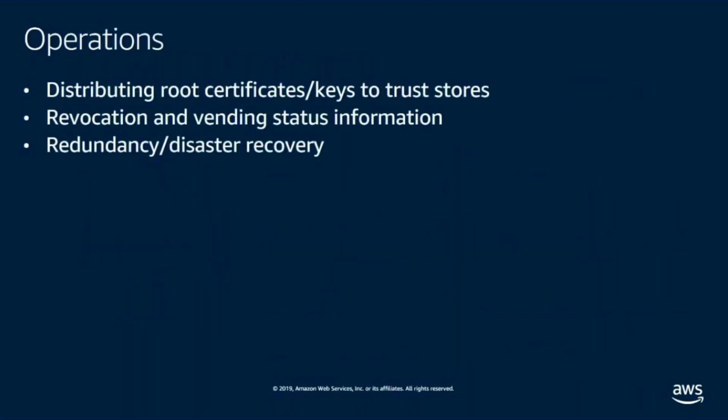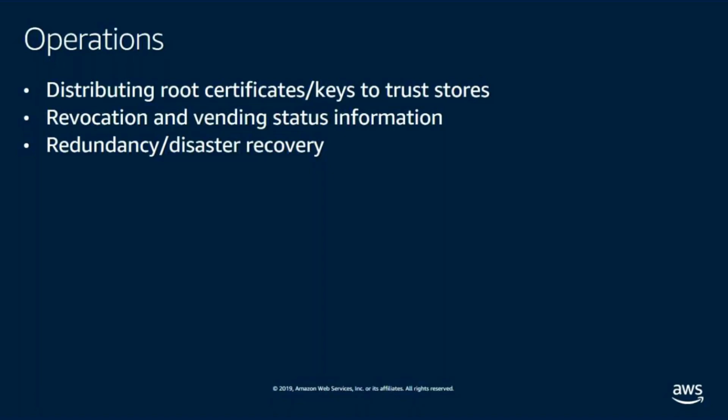And finally, operations: some things to consider. Ram showed a manual way to distribute roots to a browser trust store. This is not going to be how you want to distribute roots in your environment. You want to have some automation that will either install the new root certificate into trust stores, or build the trust stores when you're building an image, to make sure that your root is installed.